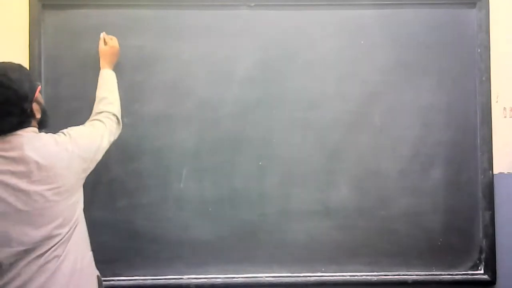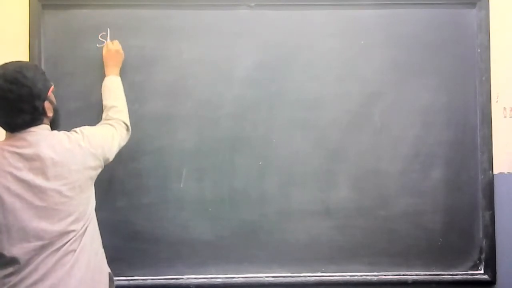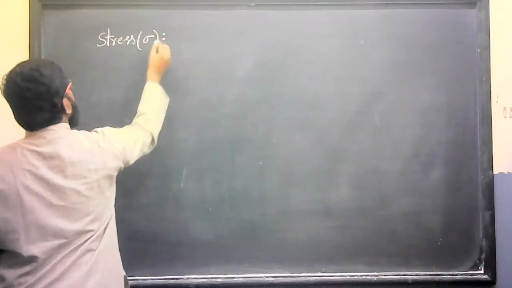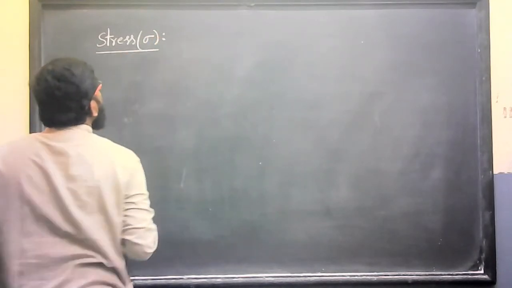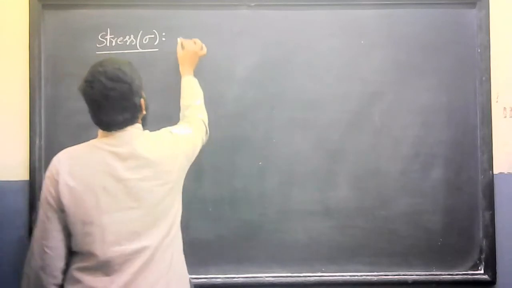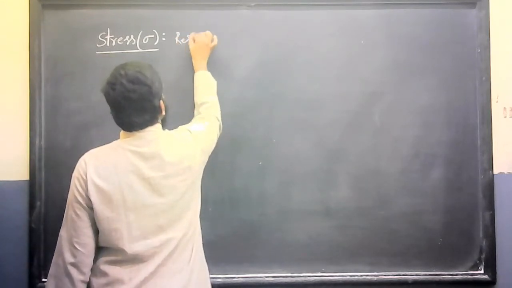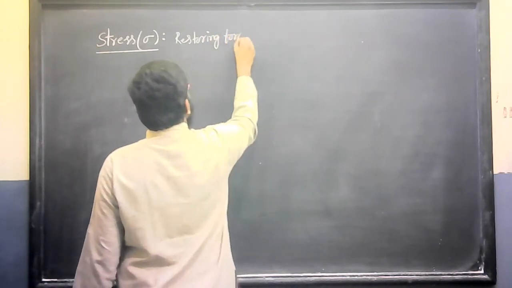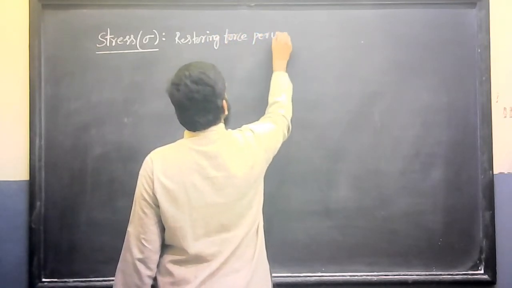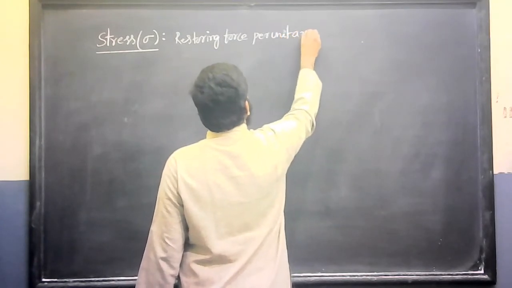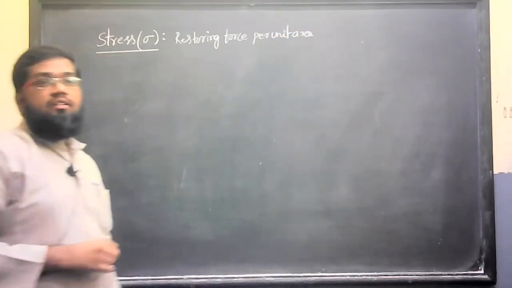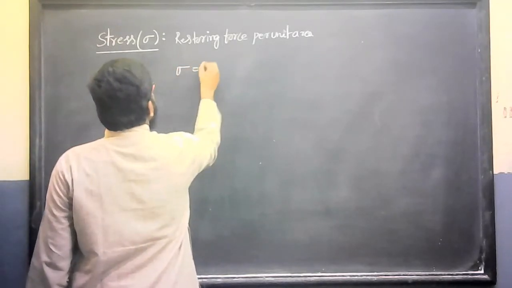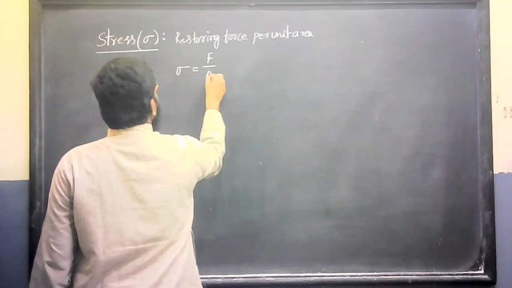Let's see. I will define stress first. It is sigma. It is defined as restoring force per unit area. Okay, so sigma is equal to restoring force divided by area.